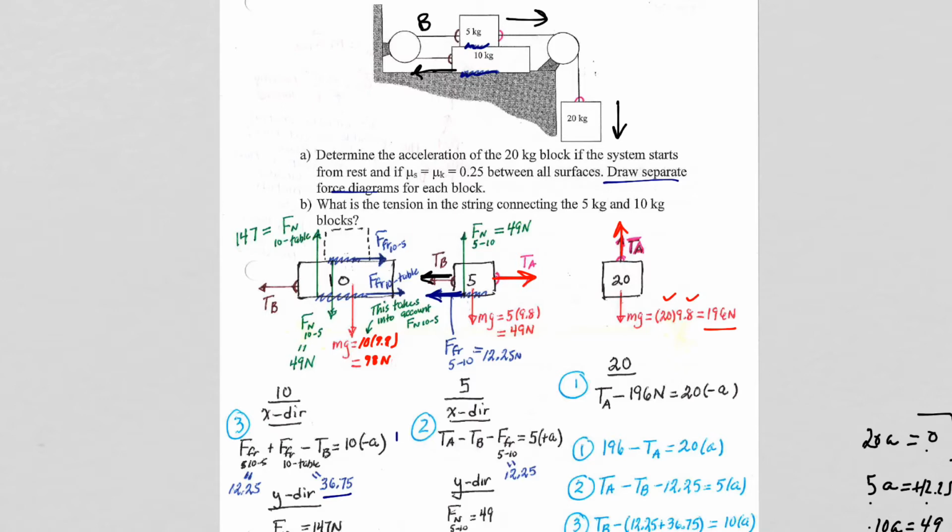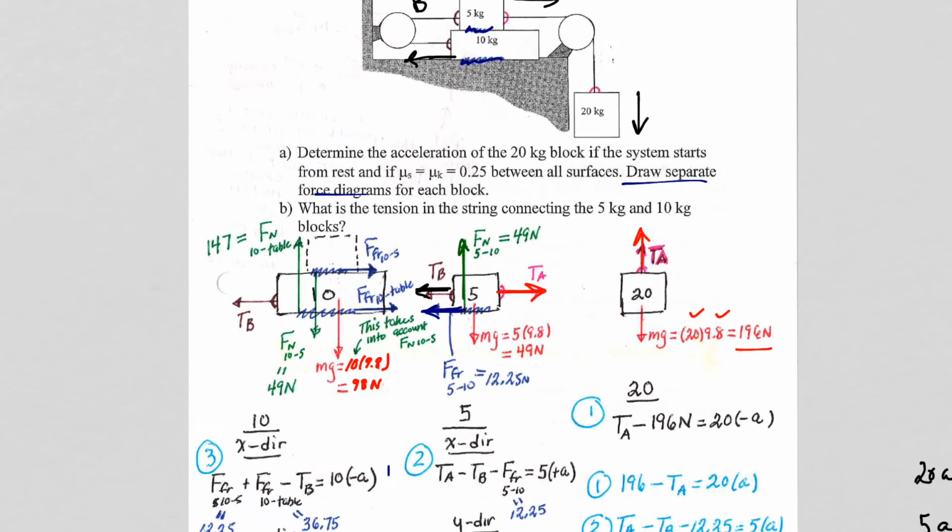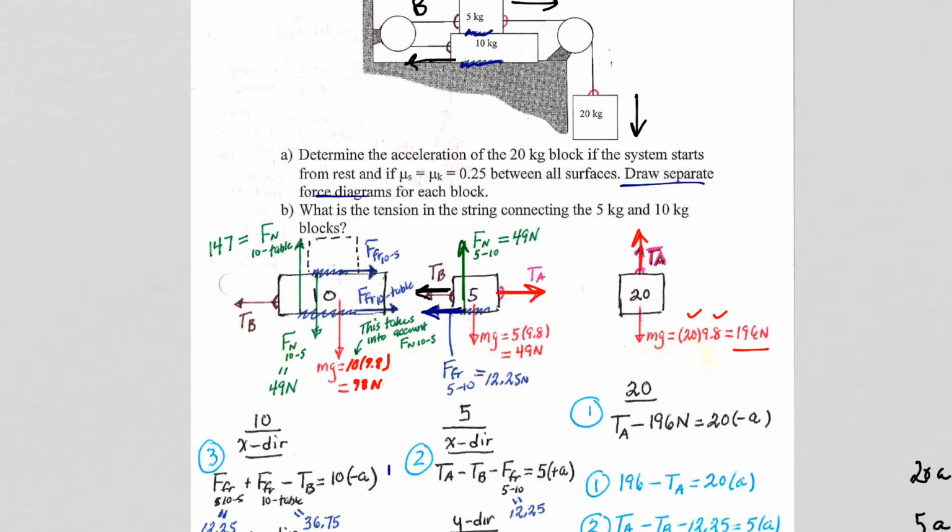We're going to assume that block 5 doesn't sink into block 10, so we have a normal force pointing straight up here. Notice that we were pretty much immediately able to plug in some values, so let's talk about where these values came from. We have the 5 kilogram block, and 9.8 gives us a 49 Newton weight force.